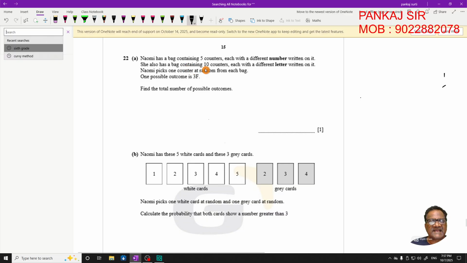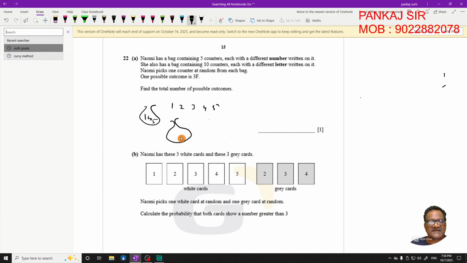Naomi has a bag containing 5 counters, say numbers 1, 2, 3, 4 and 5, each with a different number written on it. She also has one more bag, in which she has 10 counters, each with a different letter written on it.